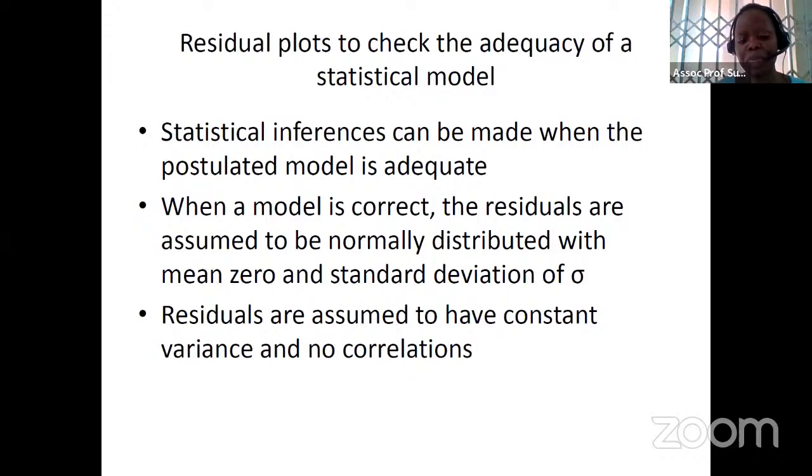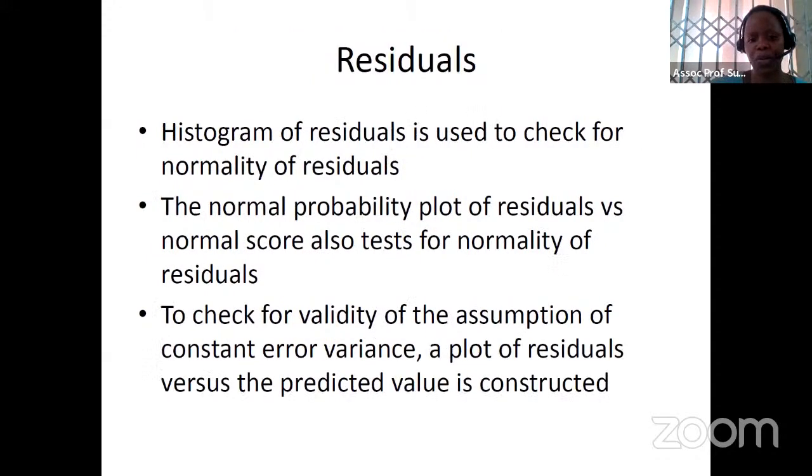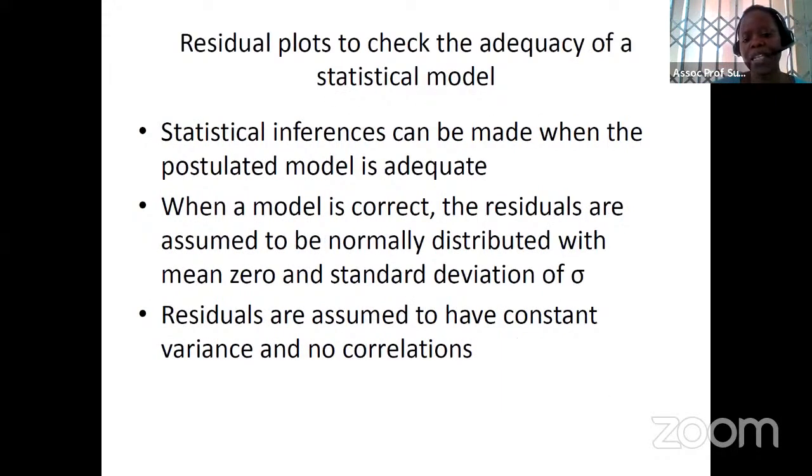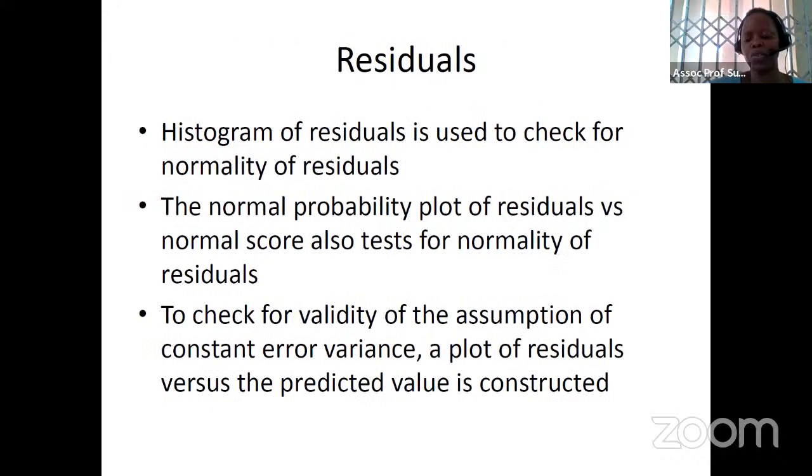The other assumption we make is that the residuals have constant variance and no correlations, meaning the residuals are independent. We also assume that there's a linear relationship between the response and the independent variable. So we can test those assumptions to see whether our model does not violate them.